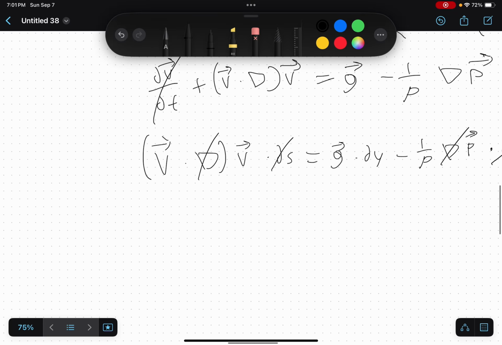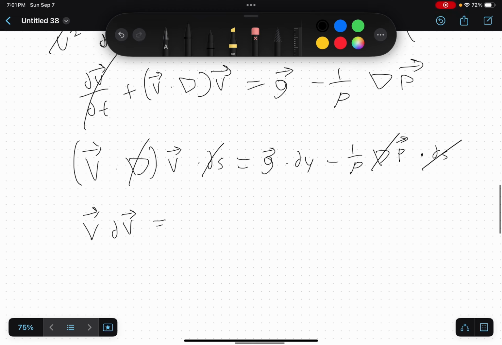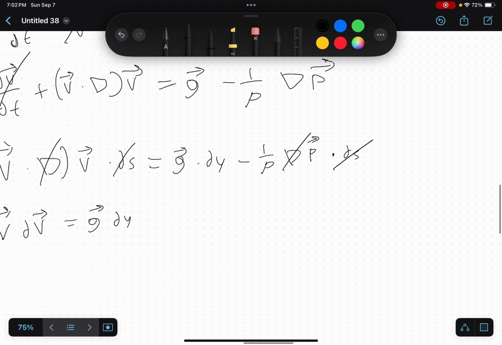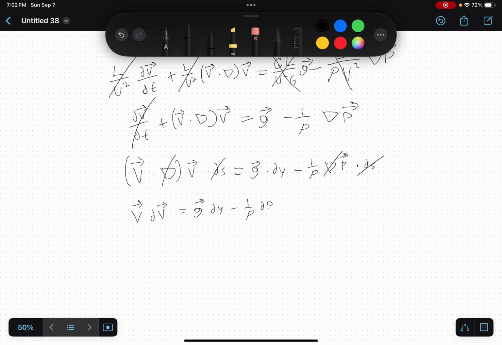So even though we canceled out the gradients, we have v dv. The derivative of v from this gradient is being applied to that. Dang, I like how clearly I wrote my notes for myself. Minus dp.